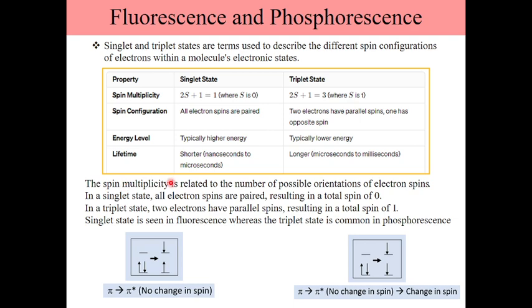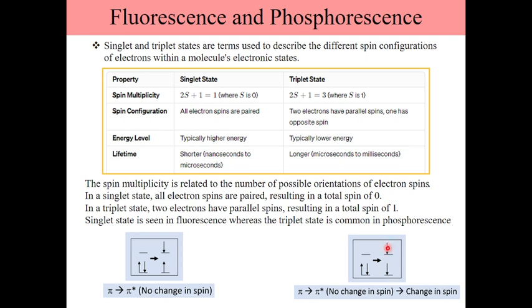This spin multiplicity is related to the number of possible orientations of the electron spin. So in this case it is 0, because 2S plus 1 is 1, and here 2S plus 1 is equal to 3, where S is 1. So here the spin is actually 1, right? Because both of these are pointing in the same direction.